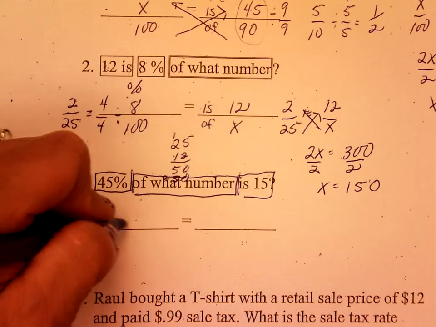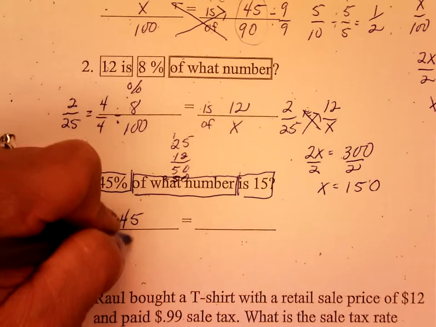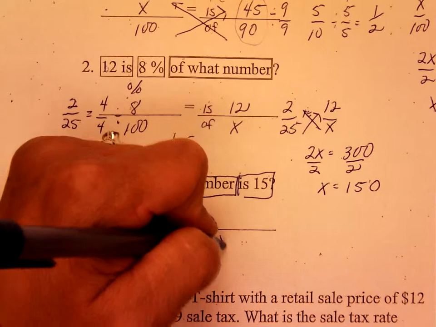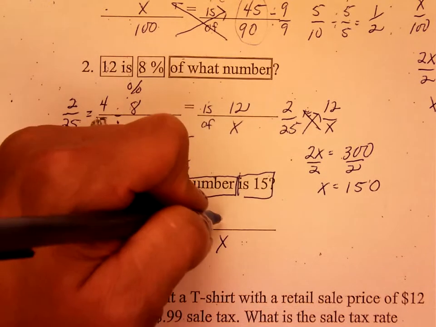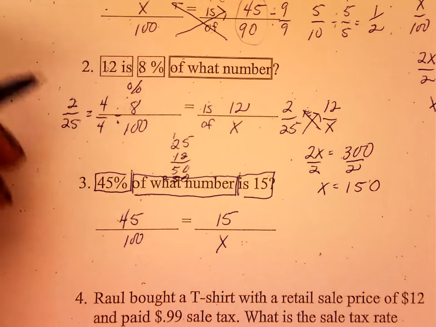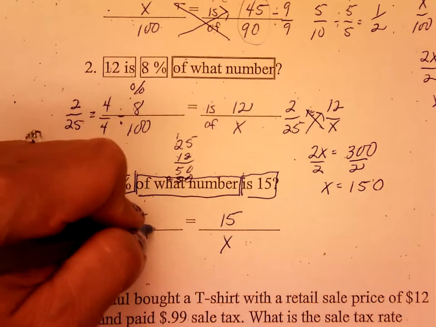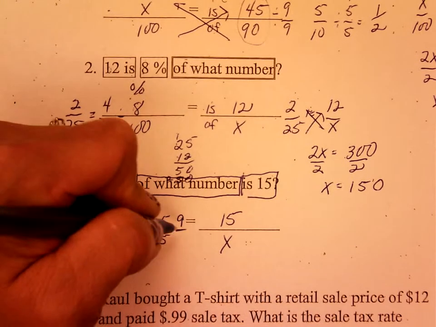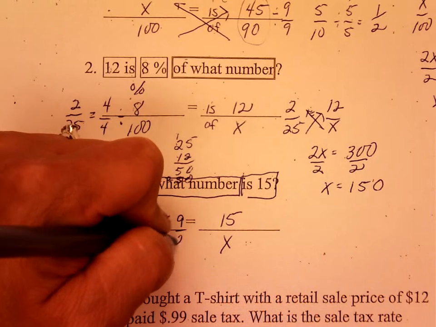So you write 45 over 100, of what number we don't know, so put that x in the denominator, is 15. This can be reduced. 45 over 100, I'm going to divide top and bottom by 5, and I get 9 over 20.